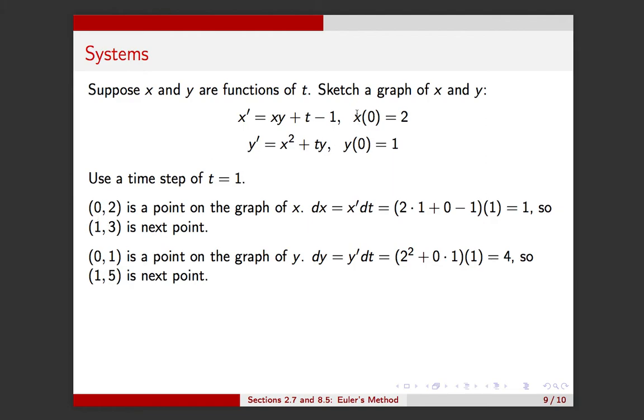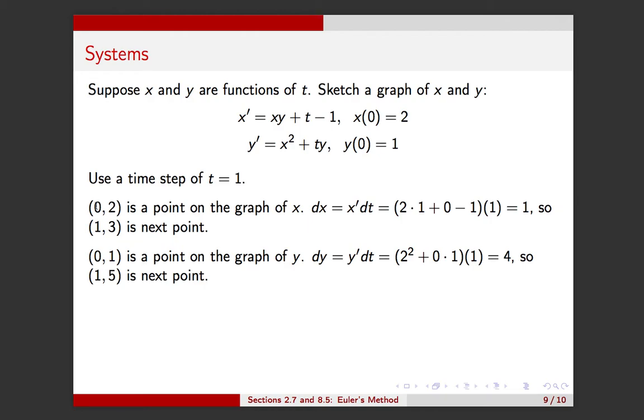So notice, since x of 0 is 2, that means that at time 0, the graph of x is at 2. It's kind of obnoxious here, as always, to have x being a dependent variable, but what are you going to do? That's the way things are in like chapter 9, for example. So x and y are dependent on t. So that 2 is an x coordinate.